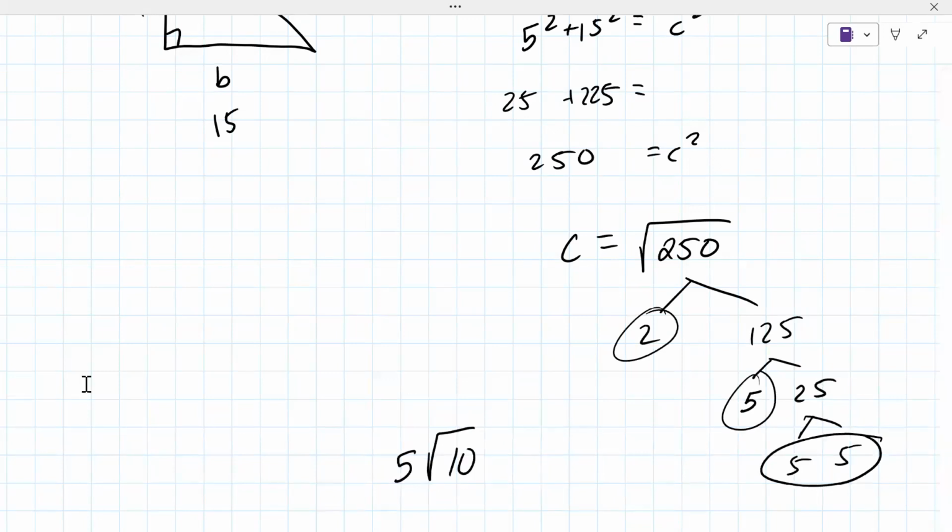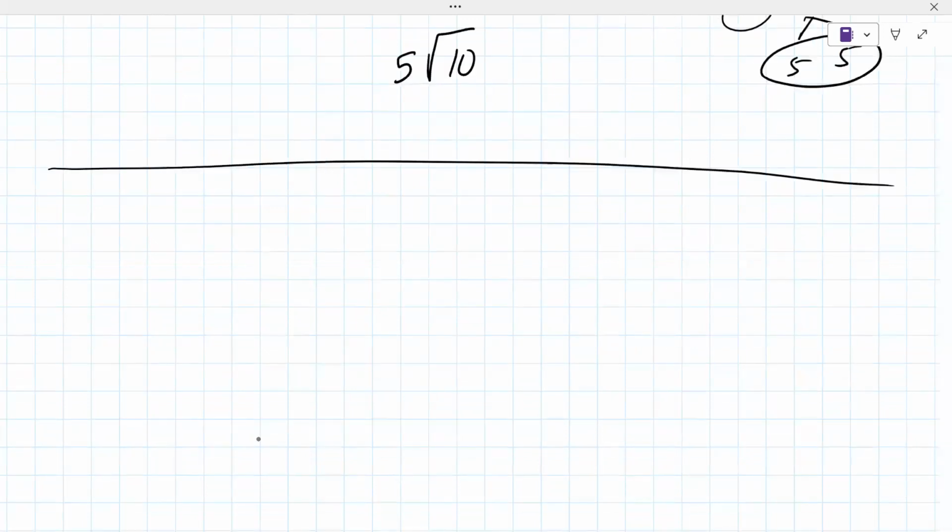All right. So let's have you try a slightly different one here. Let's say I give you a problem where I tell you that A is 24 and C is 25, and I want you to solve for B. This is a little bit different.